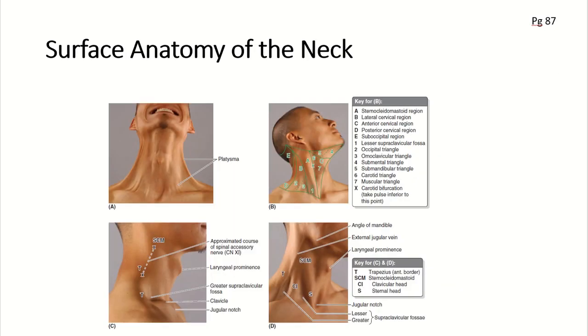If we come down to the surface anatomy of the neck, we can figure out what we can actually see with respect to the muscles that I've just talked about. One thing you should understand is that we can really visibly see the platysma, and you can see that in figure A. We've got the platysma really showing up for us right here, both in this direction and also inwards.